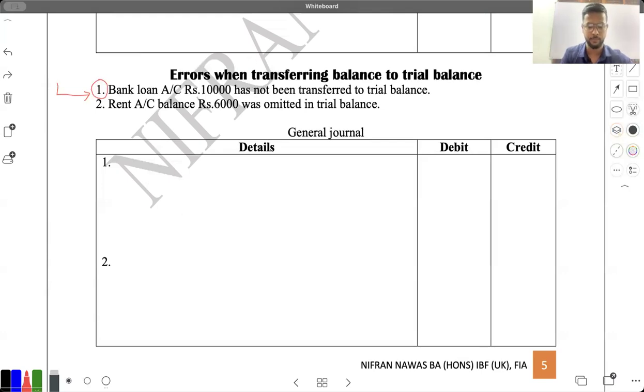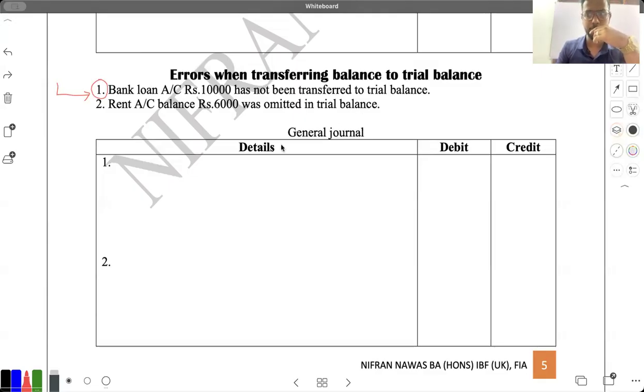The first one. Bank loan account 10,000 has not been transferred to the trial balance. What is the journal entry to correct this error? So far, I've got 2 answers. What about others? The new people can answer too. Very good, Amila.